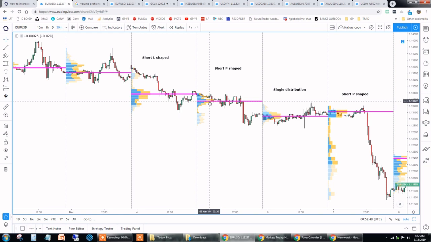So the more accumulation of transactions you have at a certain level, the more acceptance, the more widespread the agreement by the market participants that this is an equilibrium level, because there are many buys and sells agreeing at that specific price level.